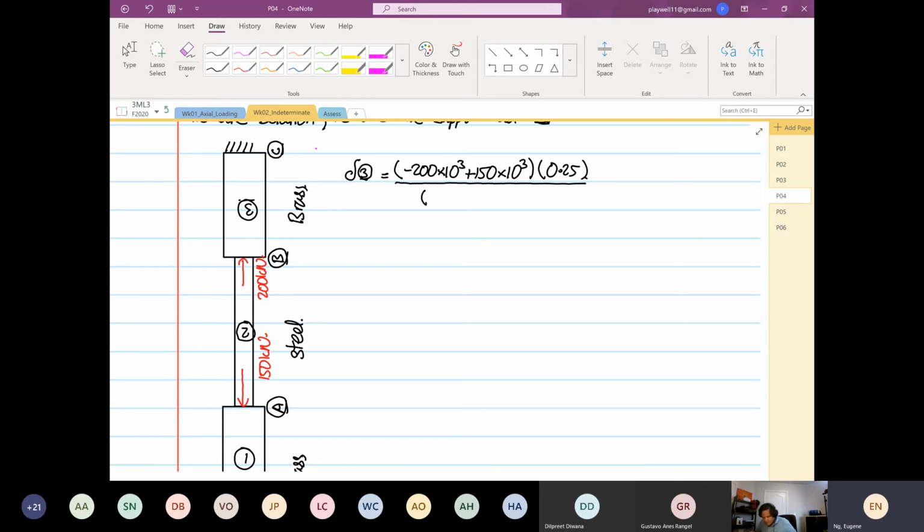My cross-sectional area is 1.963 times 10 to the power minus 3. Young's modulus is 101 times 10 to the power 9.